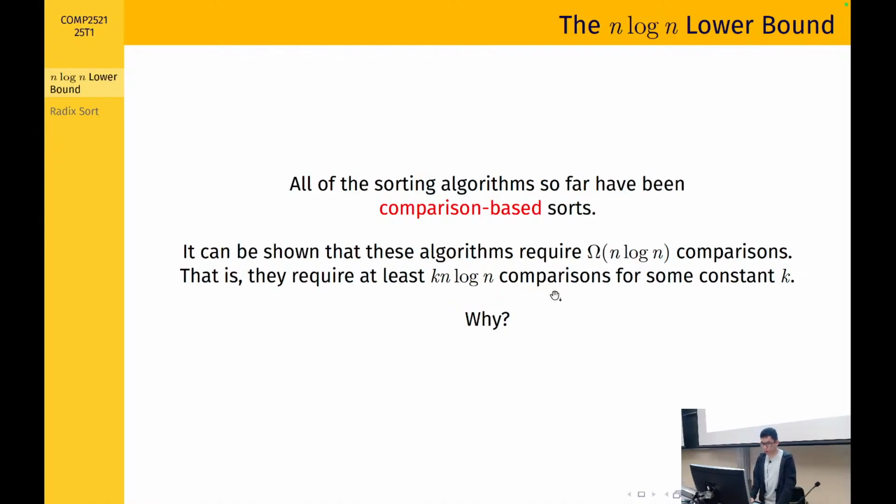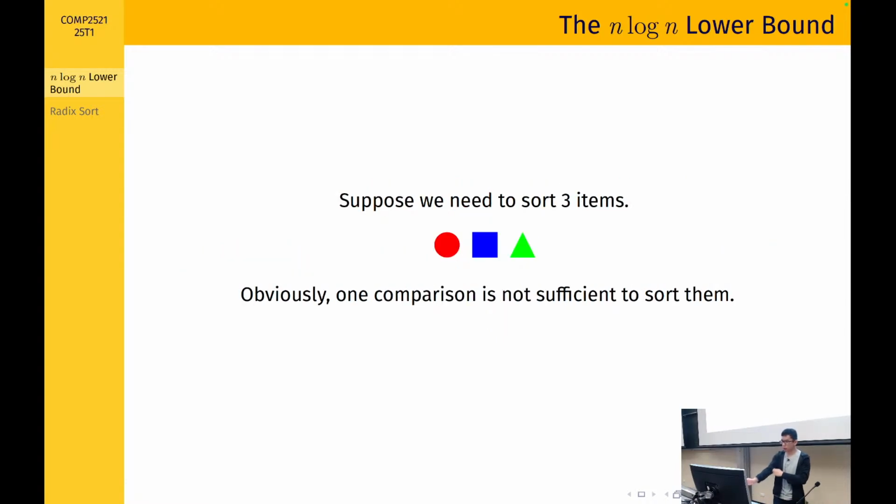Okay, so why is that? The reason is because of the limitations of the information that a single comparison can give us. So let's start off by considering an array with 3 items. If we only perform one comparison, then obviously we won't be able to sort the array.